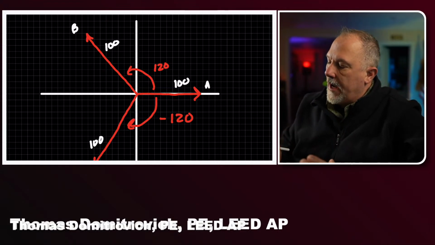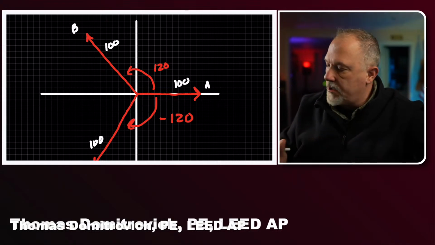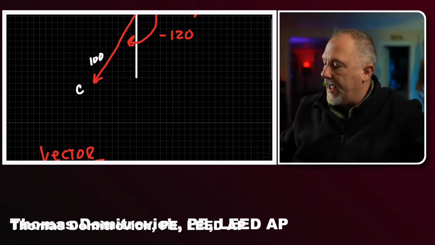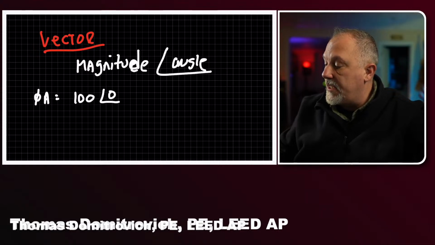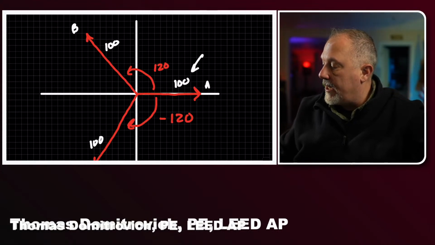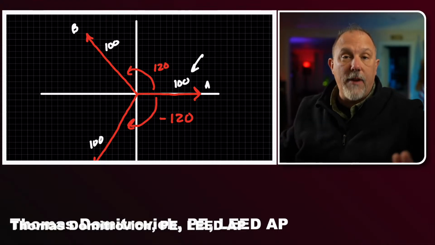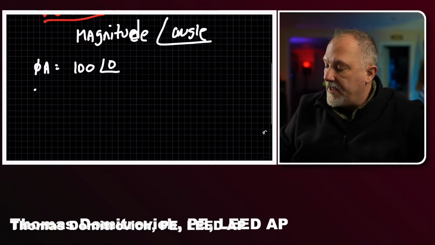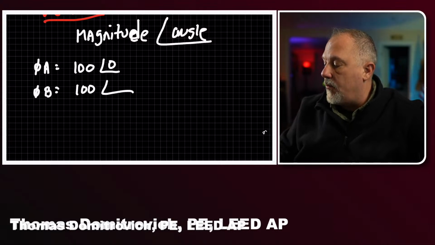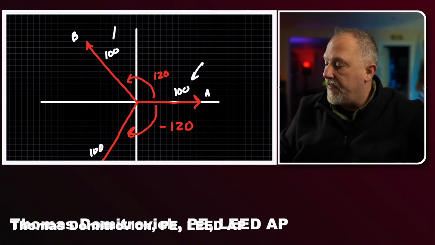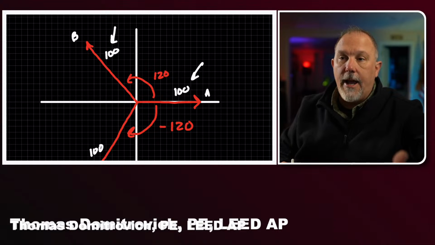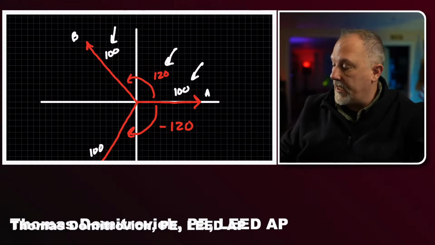So I have basically three vectors: A, B, and C. Phase A is 100 at an angle of 0. That's my reference. My phase B is 100 at an angle of 120, right?